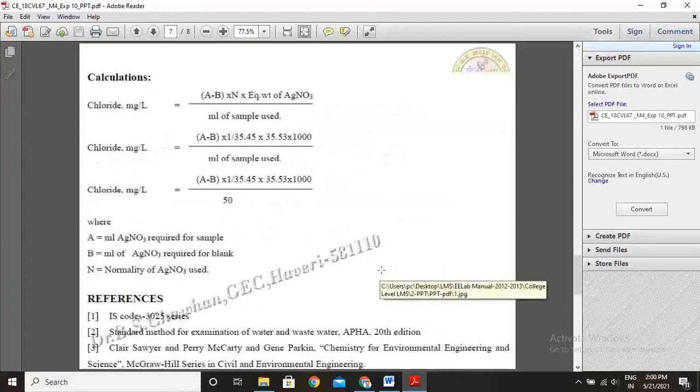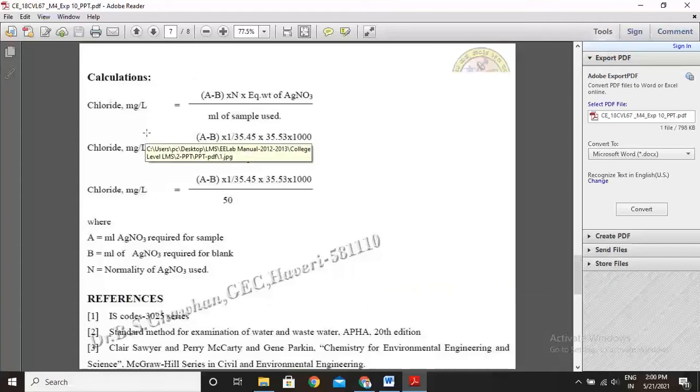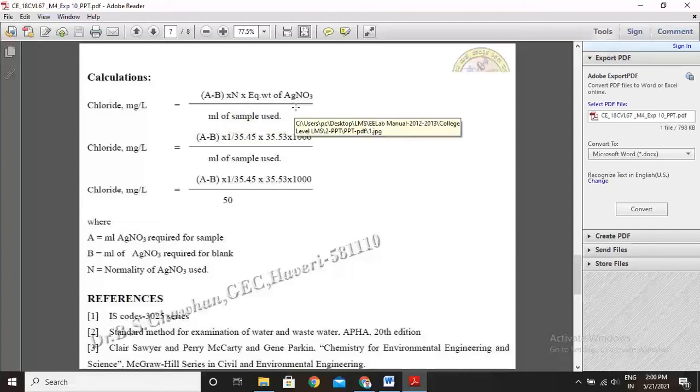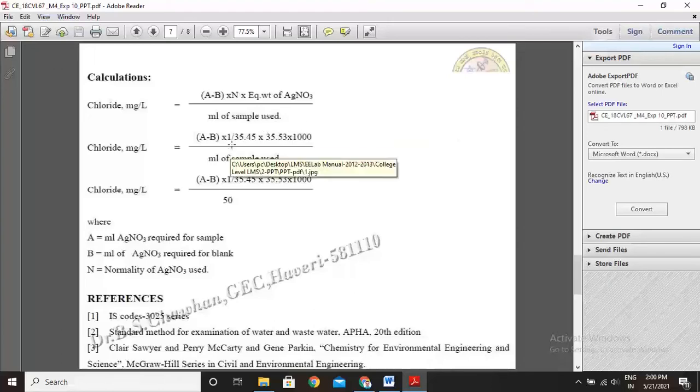Then we calculate for the given samples with the readings. Chloride in milligram per liter is given by the formula A minus B into N into equivalent weight of silver nitrate, divided by ml of sample used. Now substitute the values: A minus B into normality, that is 1 by 35.45, into equivalent weight of silver nitrate 35.53, divided by ml of sample used, that is 50 ml, multiplied by 1000.